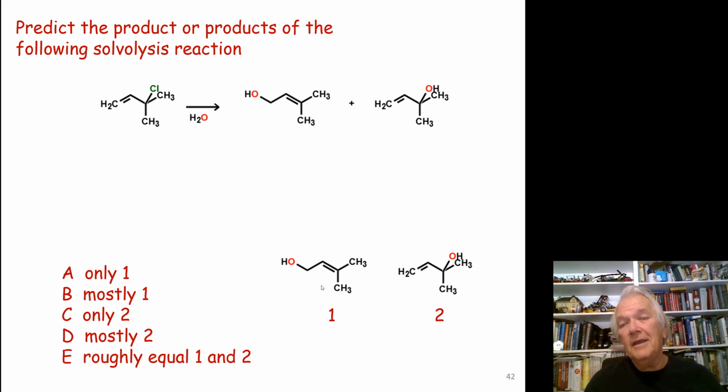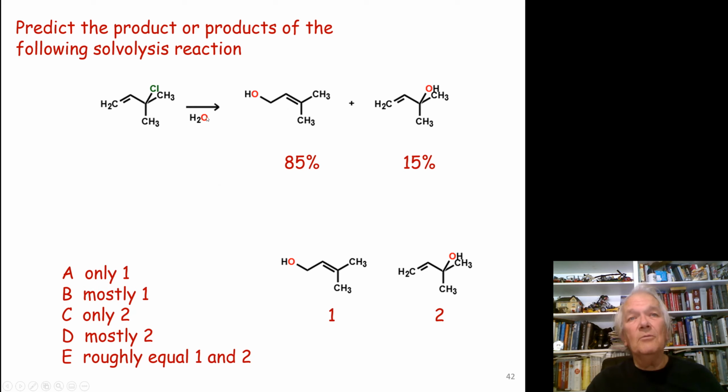I mean, is it going to be like 99 to 1, or is it going to be 50-50? Well, under the conditions where I took this experiment, from the literature, it was 85% of the primary one. The main determining factor is not the fact that the OH is primary, but the fact that the double bond has more substituents. So that's an 85% record.